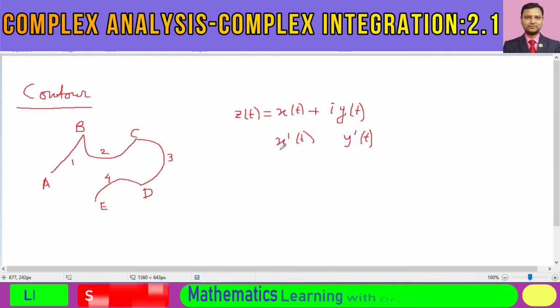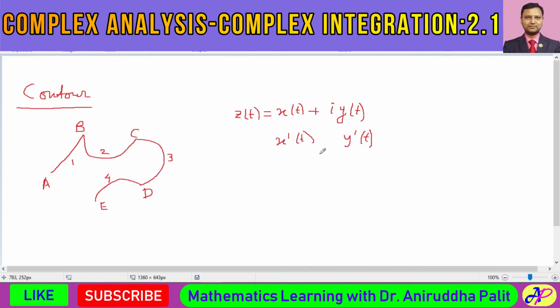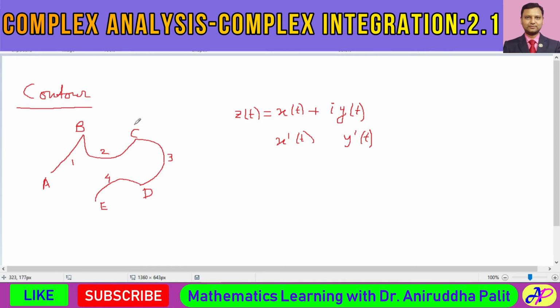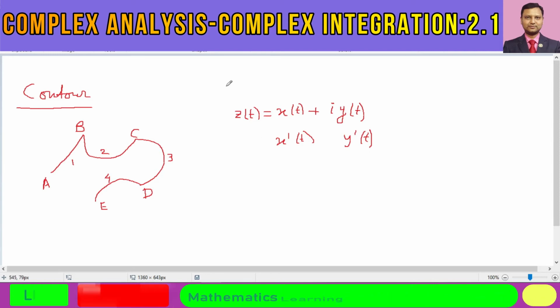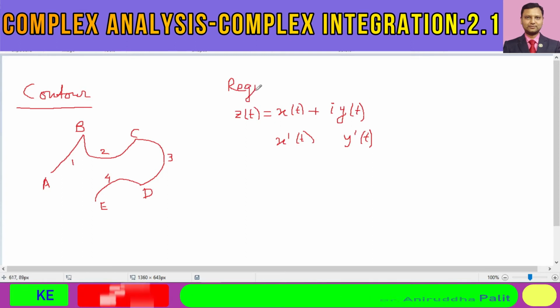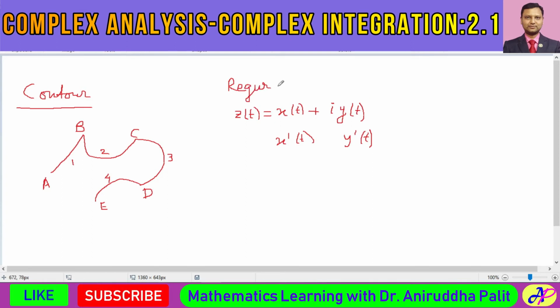That means x dash and y dash would not be continuous at these intermediate points, maybe at the point B, maybe at C, maybe at D. Otherwise these functions x dash t and y dash t would be continuous, so that the curve becomes a regular arc or regular curve, except at the points B, C, D.